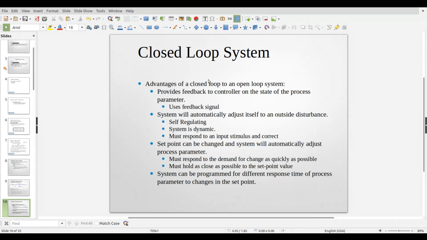All right, so what are the advantages of a closed loop system then? Why do we want to do this? Well, since we're going to be monitoring the state of the process, the result should be much, much better than a standard open loop system, where it's just kind of like, okay, I threw these clothes in the dryer for 30 minutes, and certain types of clothes, especially if it was a small load, got too dry and all staticky, and maybe ruined some of them if they were delicate clothes.